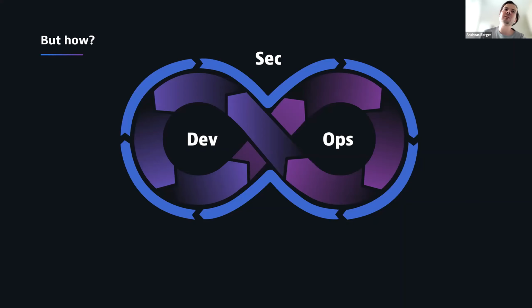So DevSecOps for me really means that the security teams enable the development teams to do security, and the security teams set the constraints, the properties of the development process, you could say, to make sure that the developers have some goals that they can relate to.